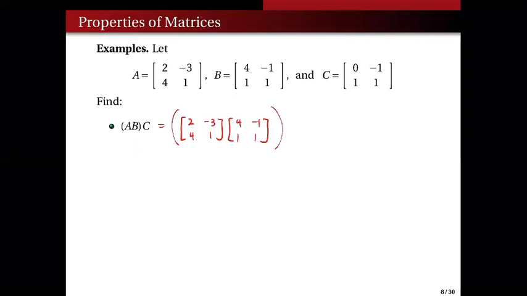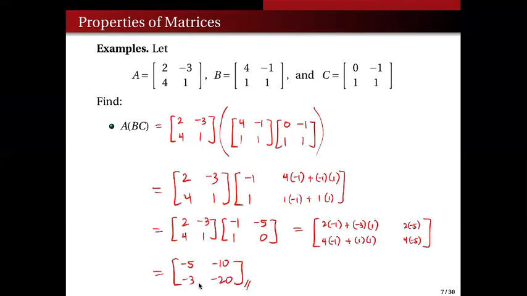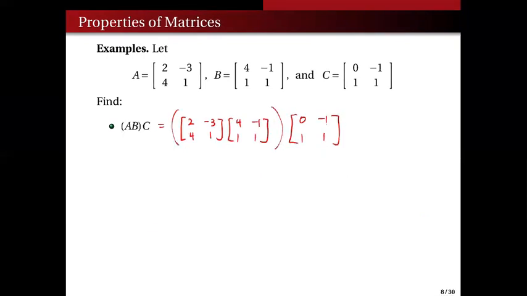And then you multiply matrix C, 0, -1, 1, 1. So you already have the value for this, and then just multiply that value with this matrix, and then you will have a final answer. Okay? And therefore, you will get, or you should get, this guy here. Okay? Questions?